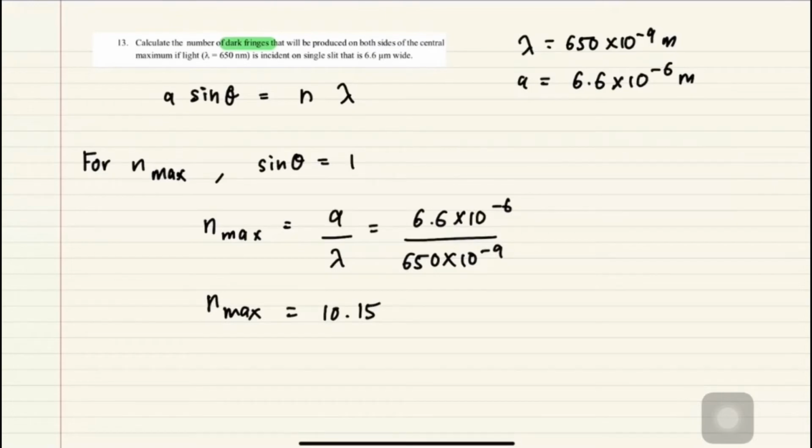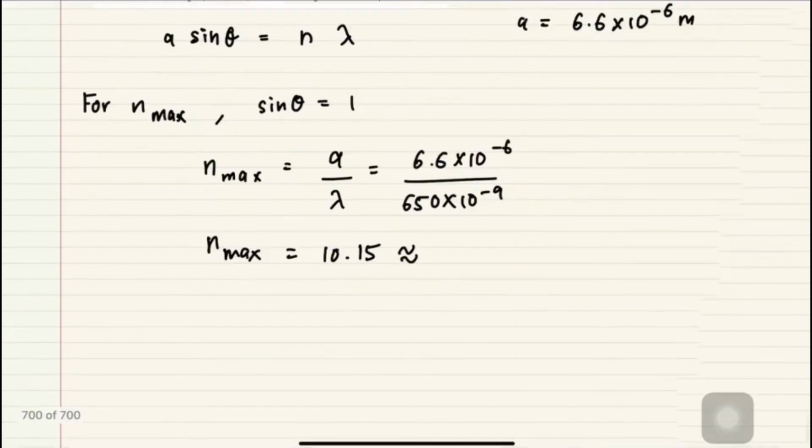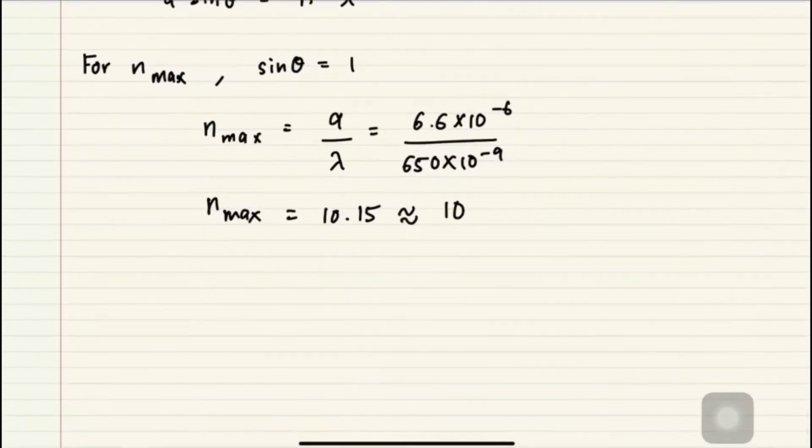Okay, so if you get 10.15, this one is numbers of order. If the question asks you to find numbers of order, so you have to answer 10. Okay, kalau dia suruh kira berapa banyak fringes, so you have to roughly calculate lah. Ini kamu kena round it off. So round off dia kepada berapa tadi? 10. Okay, smaller number je, jadi 10 lah. Nombor bulat yang sebelum dia adalah 10.